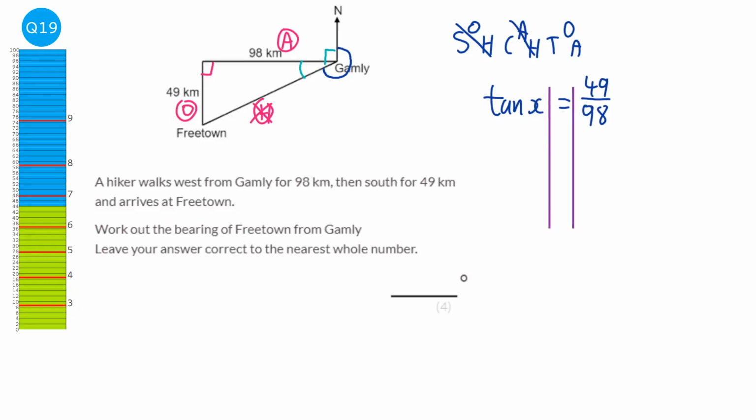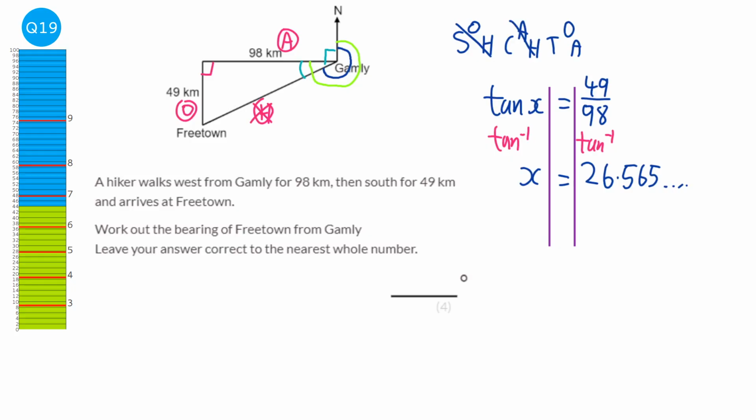Get our lines in. And we're going to do the inverse tan to both sides. So we get x equals, and we do inverse tan, which is 26.565, and so on.